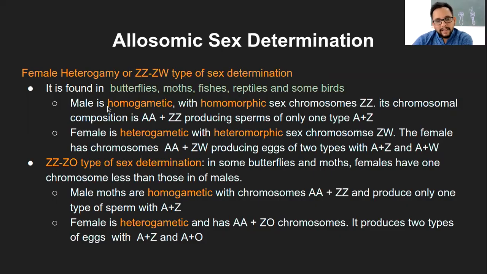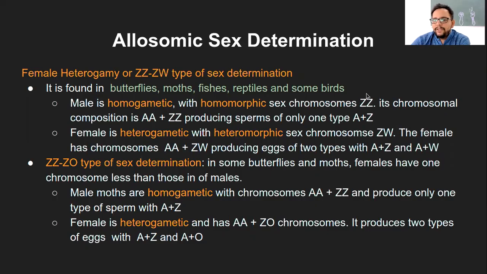So the male is homogametic, with homomorphic sex chromosomes, that is similar sex chromosomes, ZZ, that is male. In male heterogamy, the female had similar chromosomes. In case of female heterogamy, the male has similar sex chromosomes. It's just the opposite.